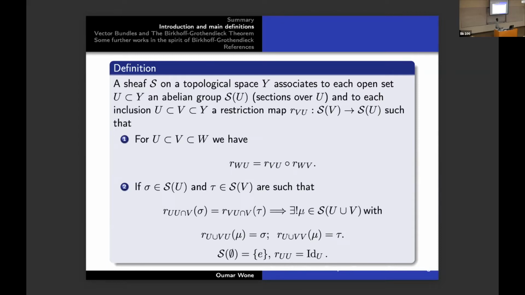It means that we can find a mu in the sections over U union V which verifies that the restriction of mu to U is equal to sigma, and the restriction of mu to V is equal to tau. And finally, the empty set is sent to the identity, and R_UU is equal to the identity of U.